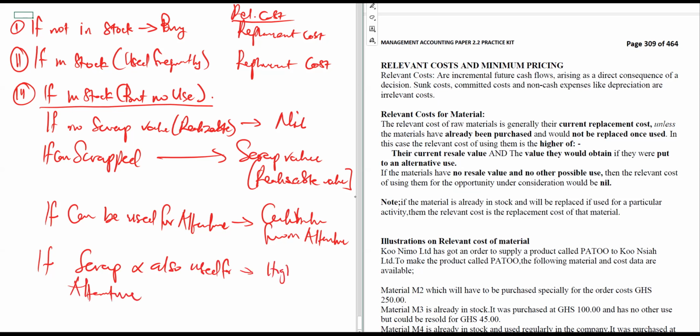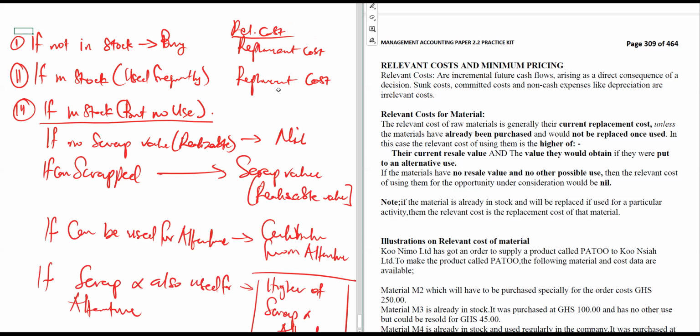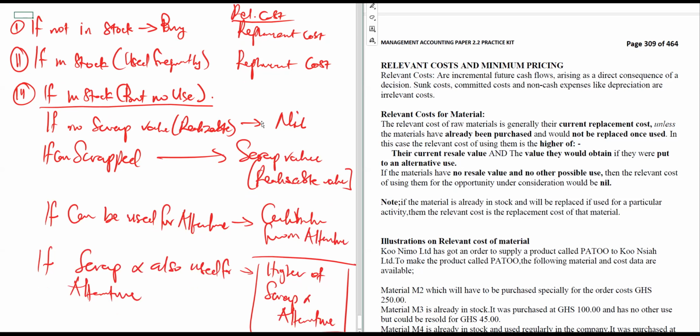The higher of scrap and alternative. True or false? True. Then you choose between the two. I hope this diagram is going to help you. So write it down, and this can help you solve any relevant cost question.